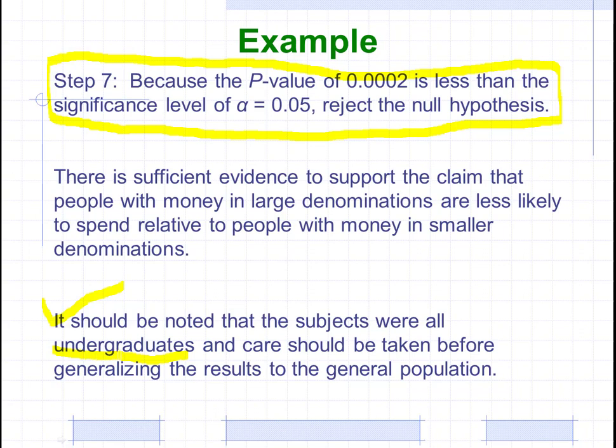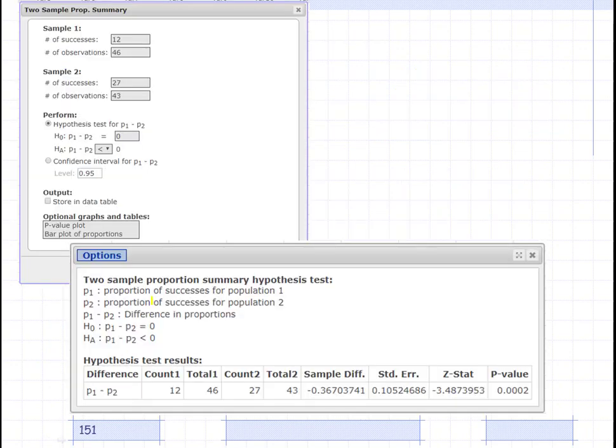We could make inferences to 18 to 25-year-olds, talking about college undergraduates. And again, here is the data from StatCrunch. You can see we get the exact same p-value. We will come up with the exact same conclusion.